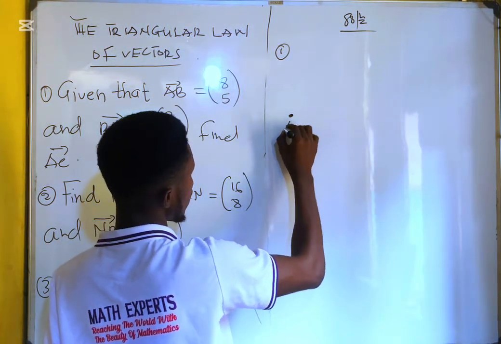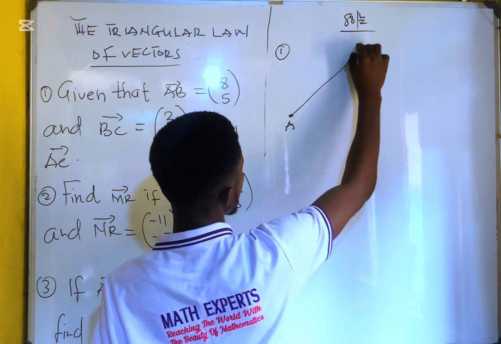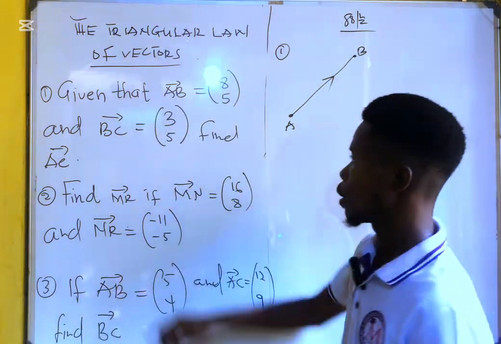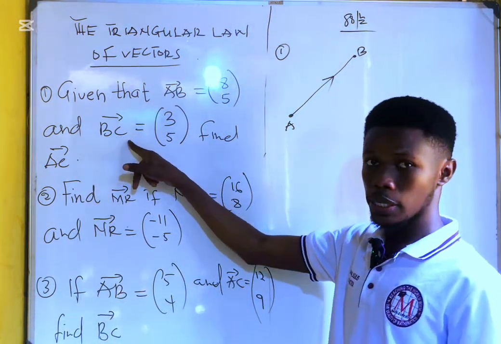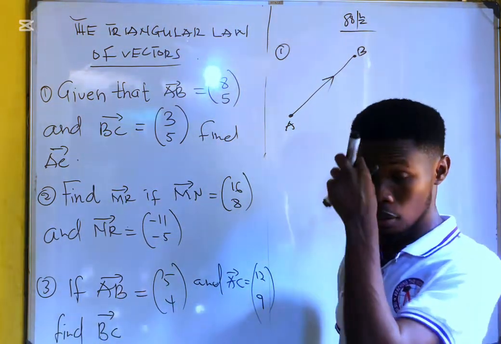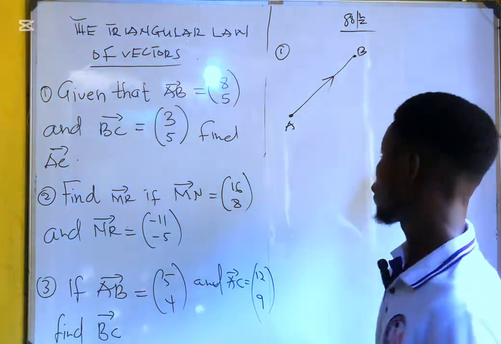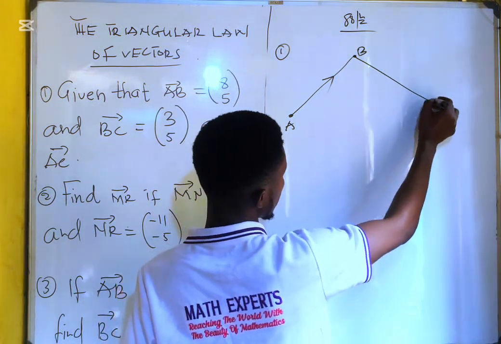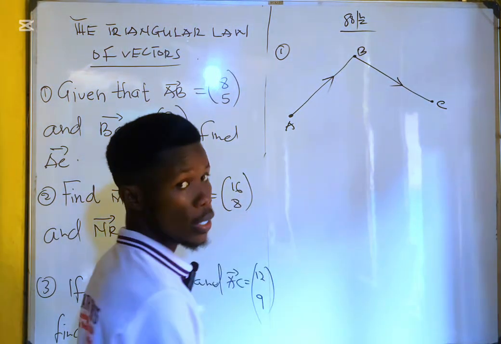Starting with A, you go this way to B. This is the direction, okay? And when you get to B, it then moves toward C. This is a triangle, so you don't continue like this, because that will not form a triangle. It will be like this. Then it's C. Have you seen it?